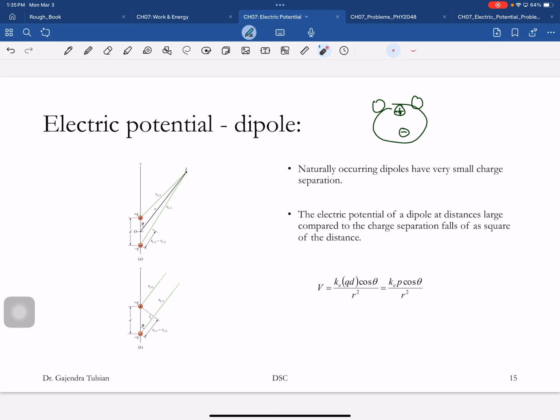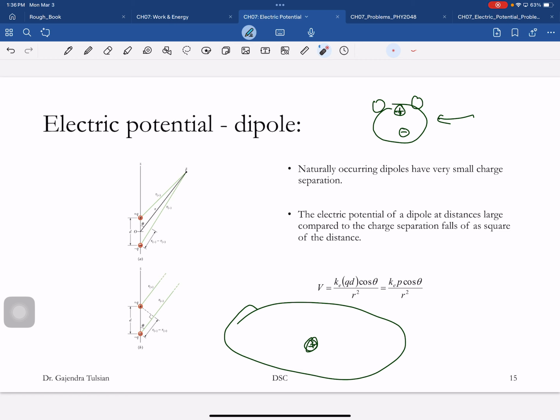For most molecules, the charge centers are right on top of each other, and they don't have any dipoles. And this dipole moment is a very important thing. So naturally occurring dipoles have very small charge separations.